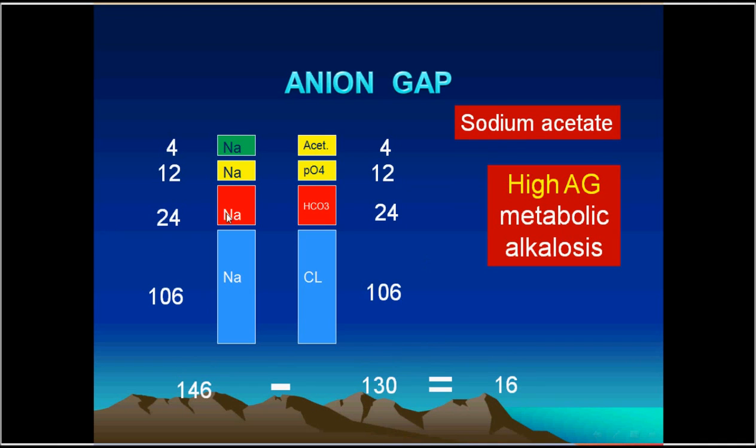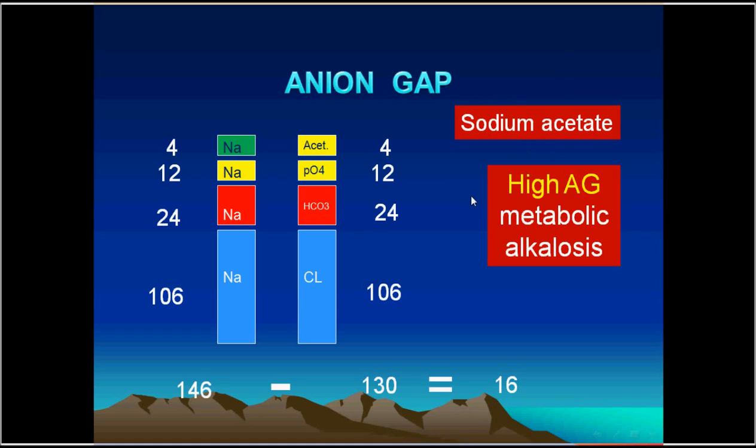With this normal anion gap, we usually look at the changes. Sometimes the sodium increases, as when we add sodium acetate, or what we call Ringer acetate. We know that sodium acetate dissociates into sodium and acetate, and acetate dissociates into acetic acid and hydroxyl groups.